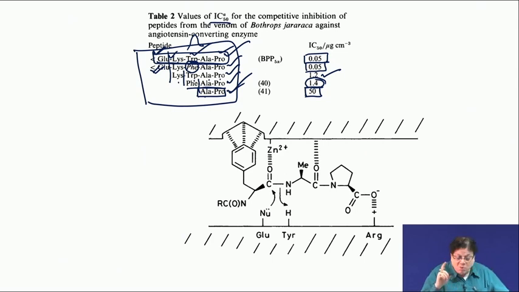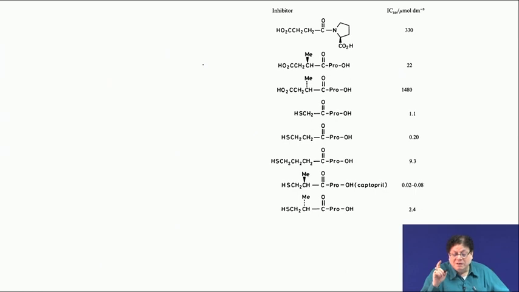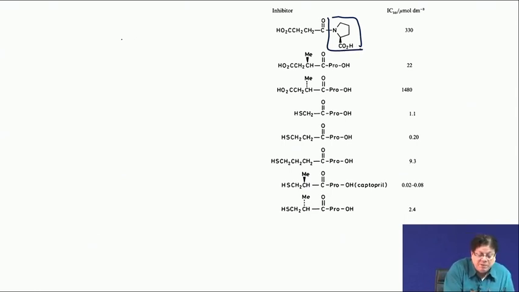So, what people have done, they made a lot of derivatives of proline. The snake venom peptides had proline, and then an alanine, that means N, CO, CH, CH3.